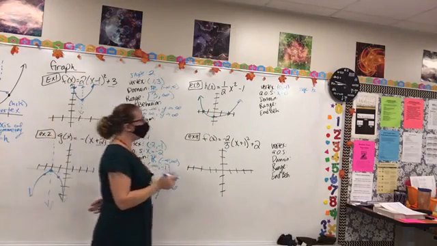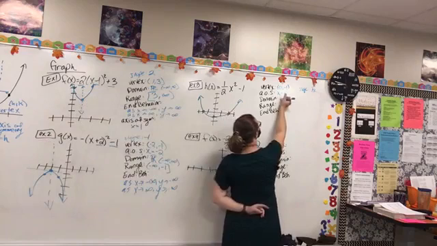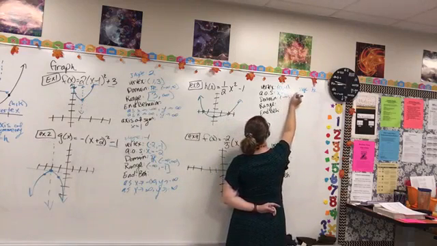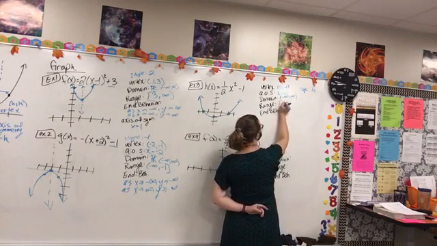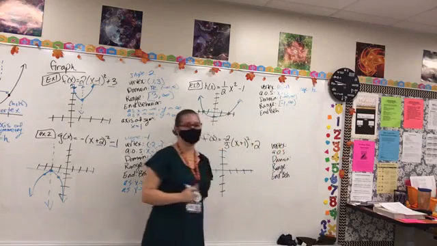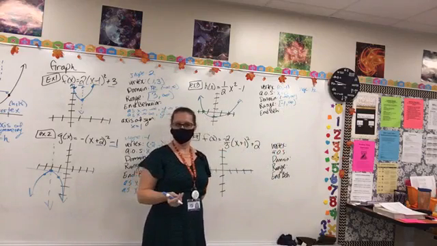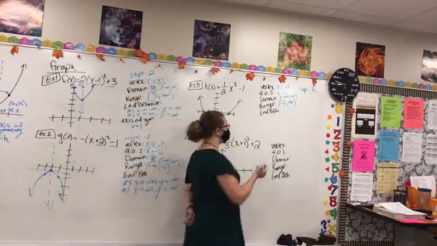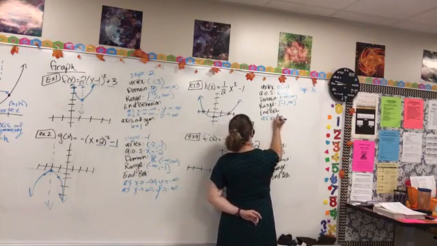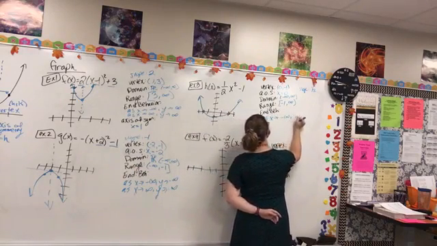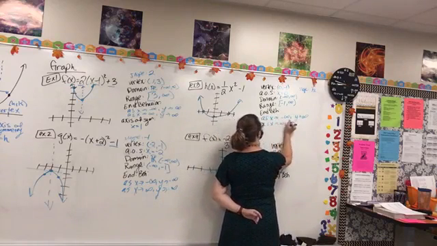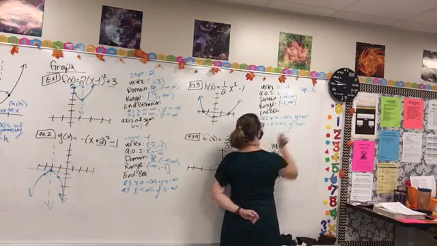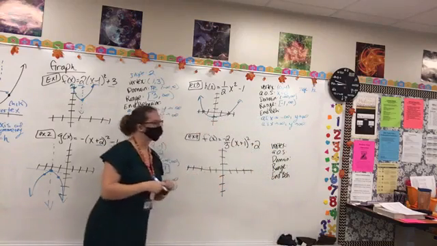All right, so my domain is all real numbers, and my range is -1 to infinity, and my end behavior goes in which direction? Positive, positive. All right, any questions?